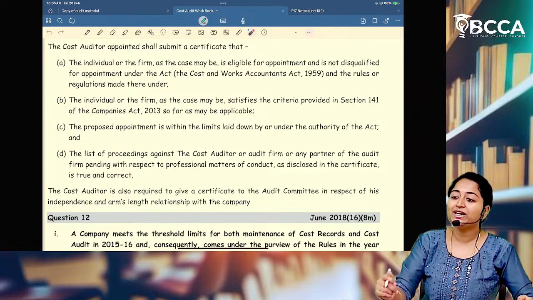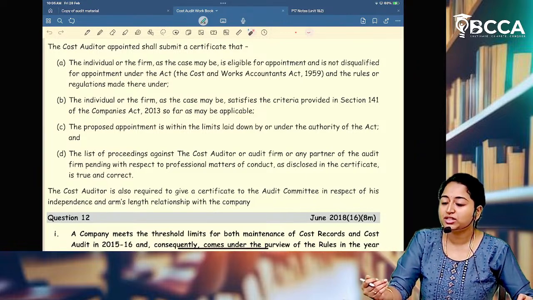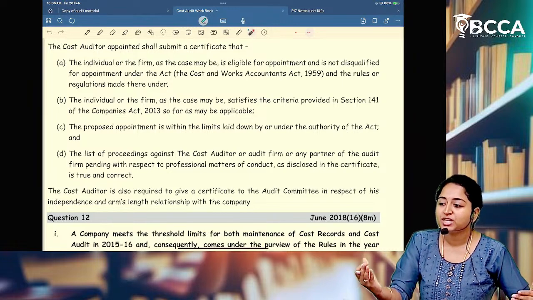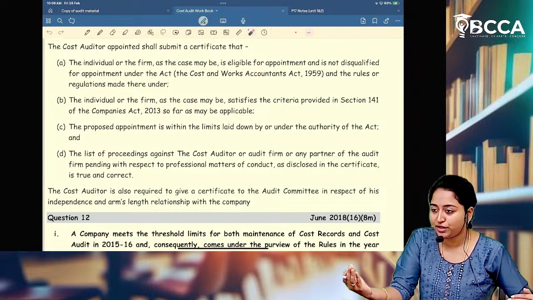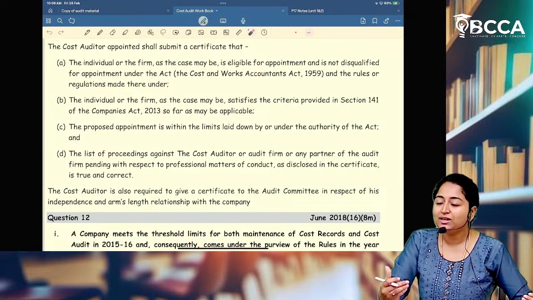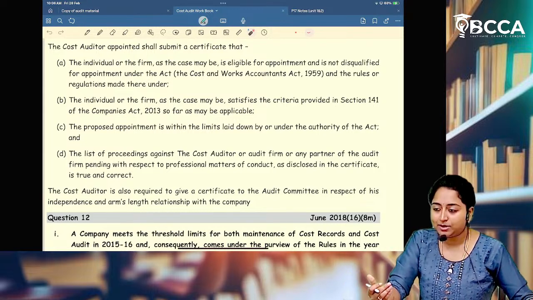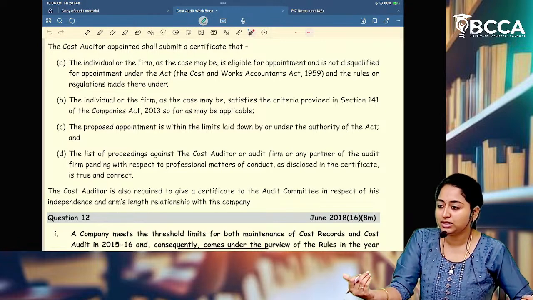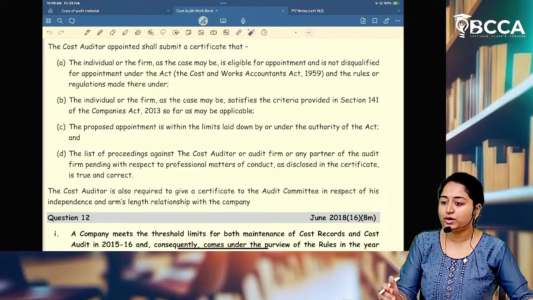And then you have to write that while appointing the cost auditor, the company or the board of directors must obtain a consent letter and a certificate from the cost auditor. And the certificate obtained from the cost auditor has to contain the following contents. Then you write these 4 points.